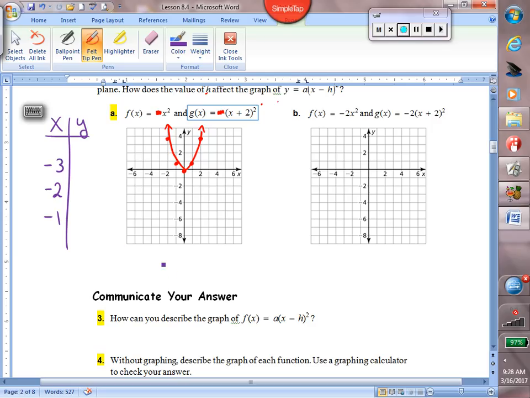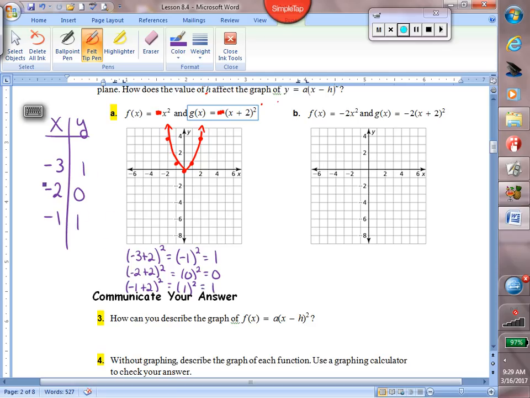Let's start with substituting in -3. So we have -3 plus 2, that gets squared. -3 plus 2 is -1. -1 squared is 1. -2 is up next. -2 plus 2, we get a 0. 0 squared is 0. -1 plus 2 is 1. 1 squared is 1.